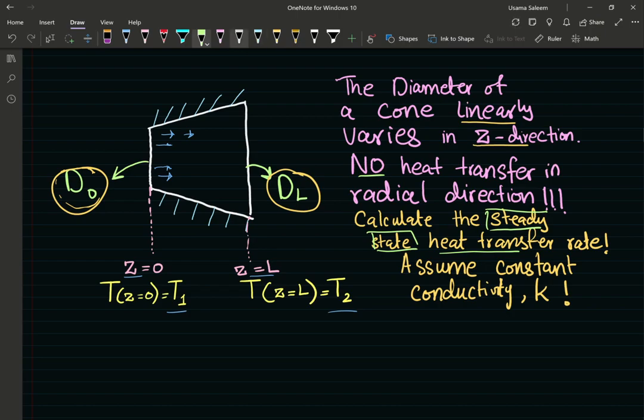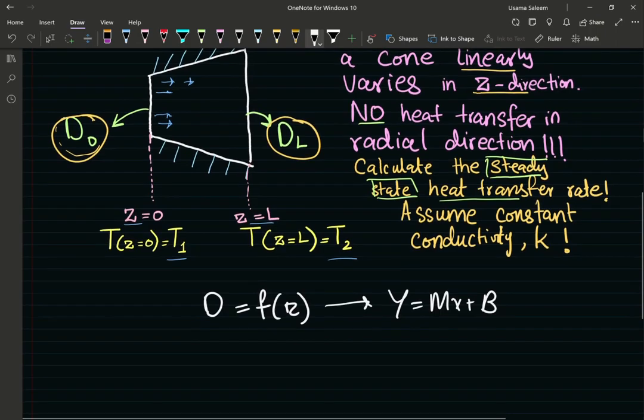So far, okay, let's see what we can start off with. Let's start off with the diameter part. The diameter is varying. If I want my diameter as a function of z, it's gonna take the form of y equals mx plus b, as you can see from the schematic and as has been mentioned in the problem. So I'm just gonna use a very simple linear interpolation.